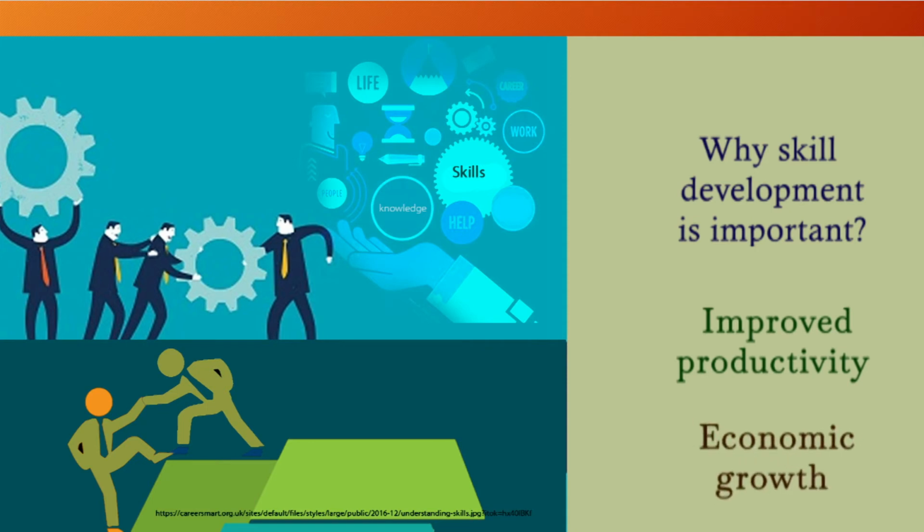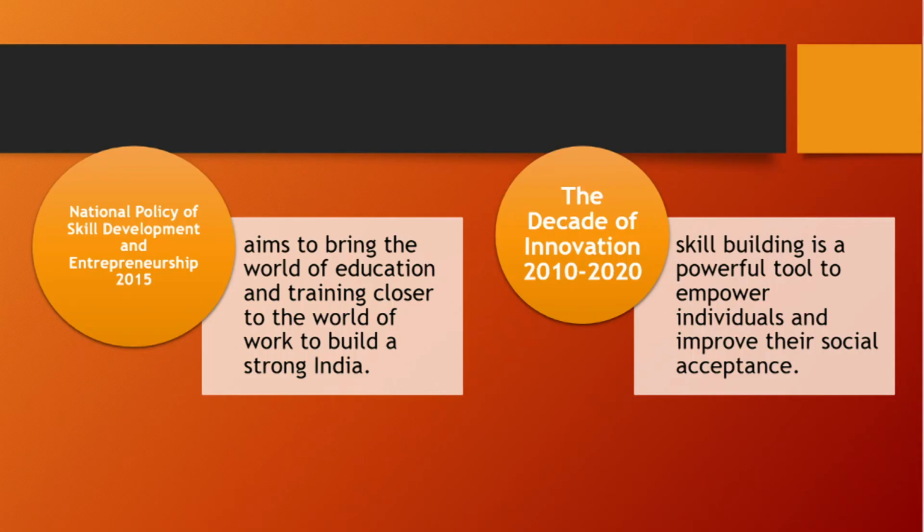So we should remember basically two things regarding the necessity of skill development. One is related to improved productivity, and the second one is related to economic growth. The National Policy for Skill Development and Entrepreneurship in the year 2015 aims to bring the world of education and training closer to the world of work to build a strong India.